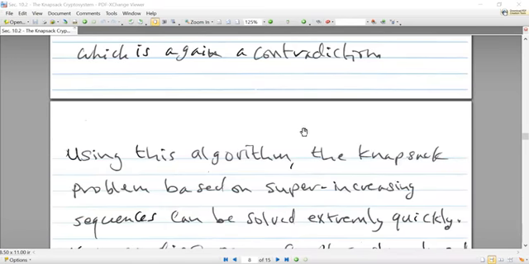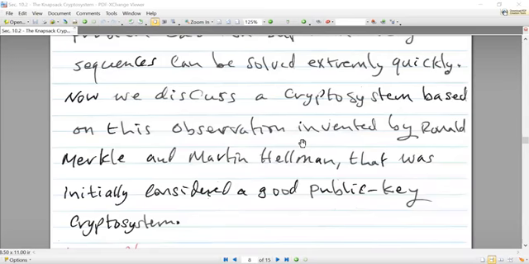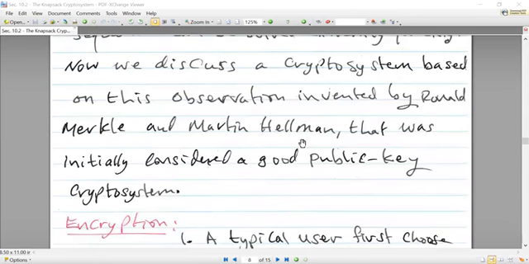So in other words, using this algorithm, we can see that the knapsack problem is very easy to solve. Now we come to the crypto system that is based on the difficulty of solving a knapsack problem for non-super increasing sequences.